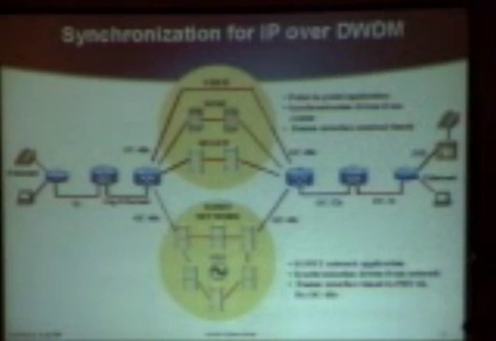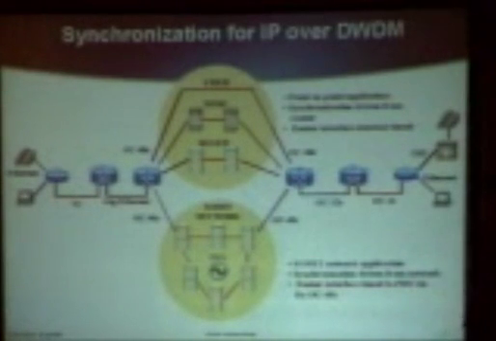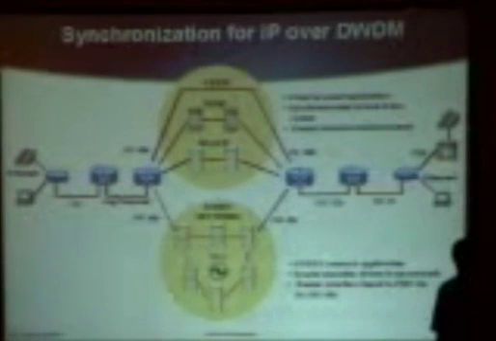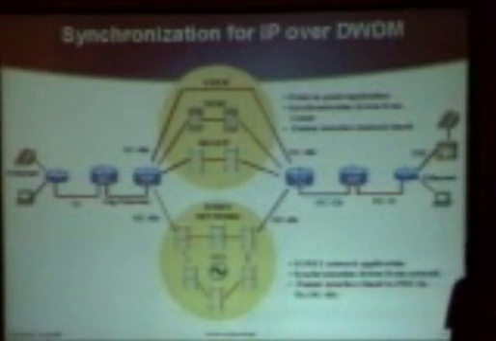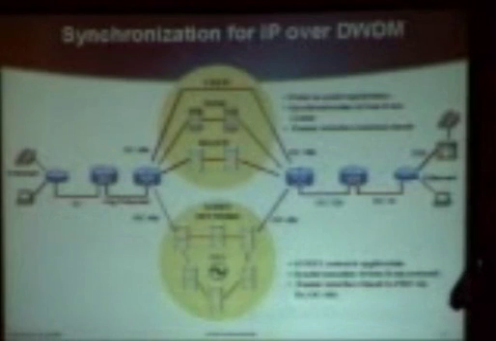And again, if we think back to the talk we just heard about how synchronization is done in a SONET network, it's very different. In a SONET network, because it was originally designed to support voice traffic, the whole point was to be able to multiplex many small tributaries up into large trunk lines and to easily demultiplex them at the other end.